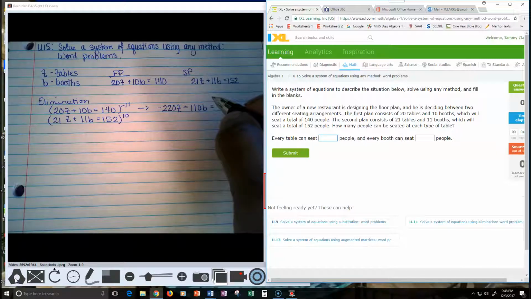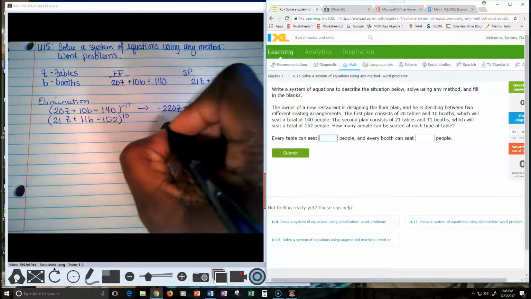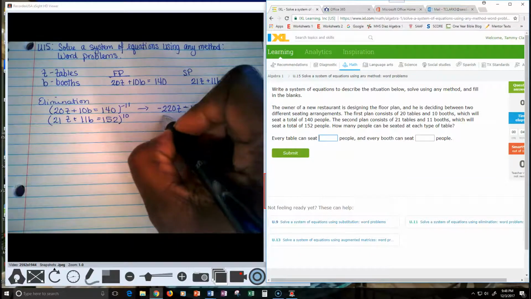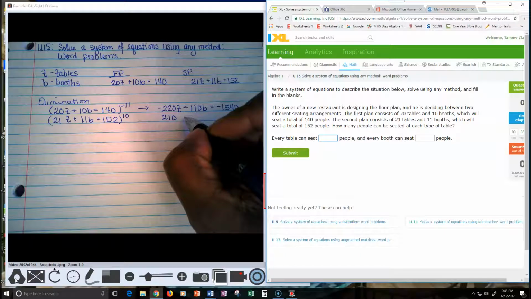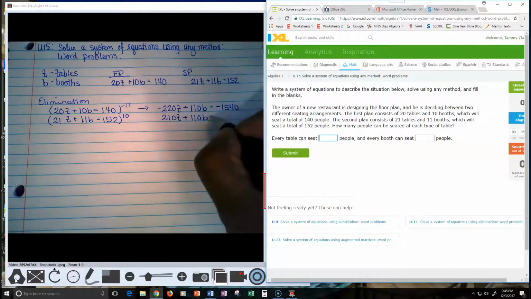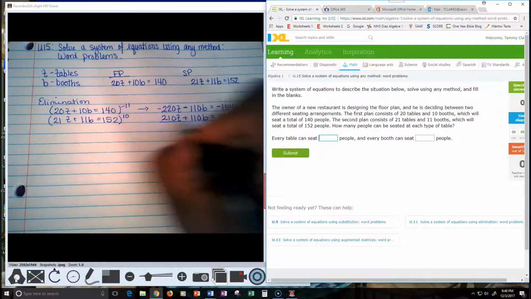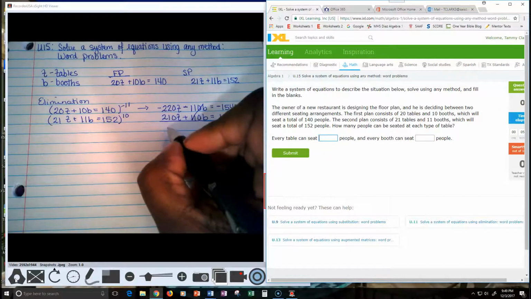I could have kept that and just put the 0 on the end. So that would be negative 1,540. And the second line is 210T, because 21 times 10 is 210, plus 110B, equals 1,520.